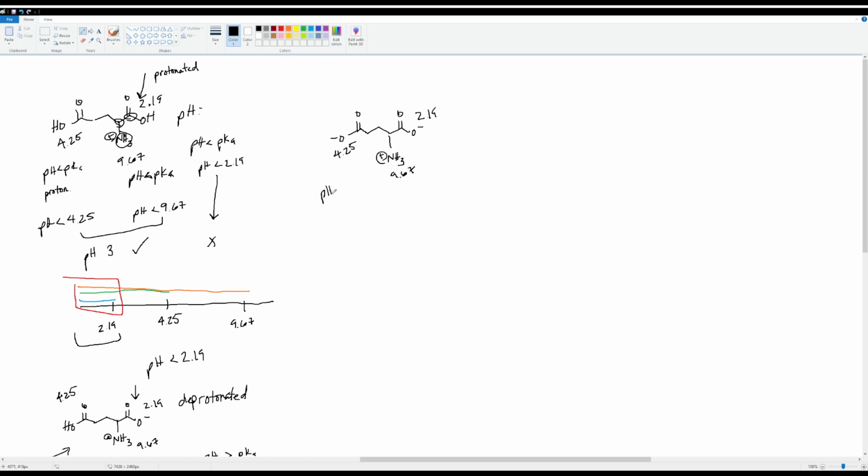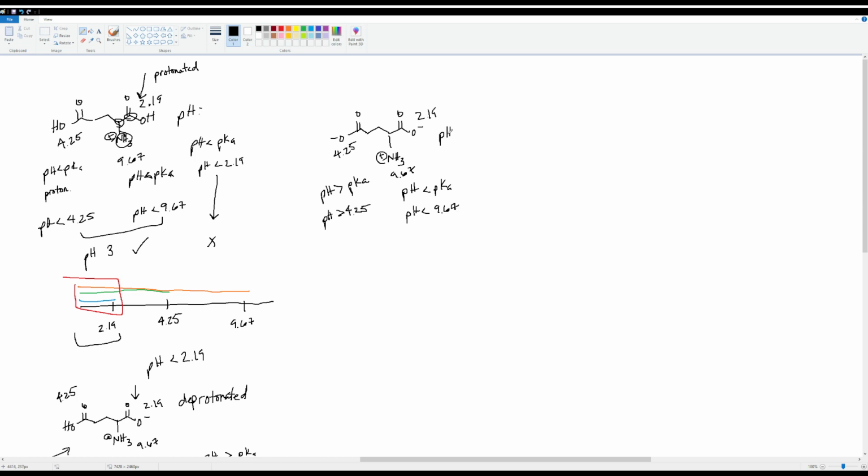And so, what is true of my pH and pKa? Is pH less than, equal to, or greater than pKa? Greater. Very nice. So it's greater than pKa, and so that means my pH must be greater than 4.25. Looking at the amine, I have a protonated amine, so that means my pH must be less than my pKa, so my pH must be less than 9.67.